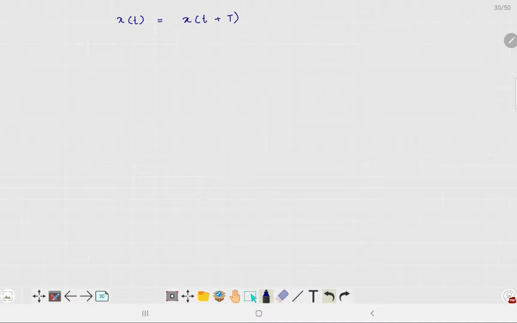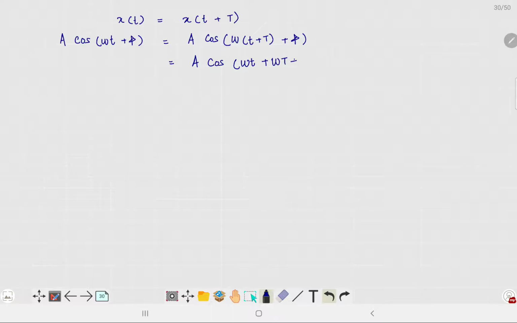If I translate this to the general expression for the sinusoidal signal, it will be A cos(omega t plus phi), and if I simply expand it, it will be A cos(omega t plus omega capital T plus phi).